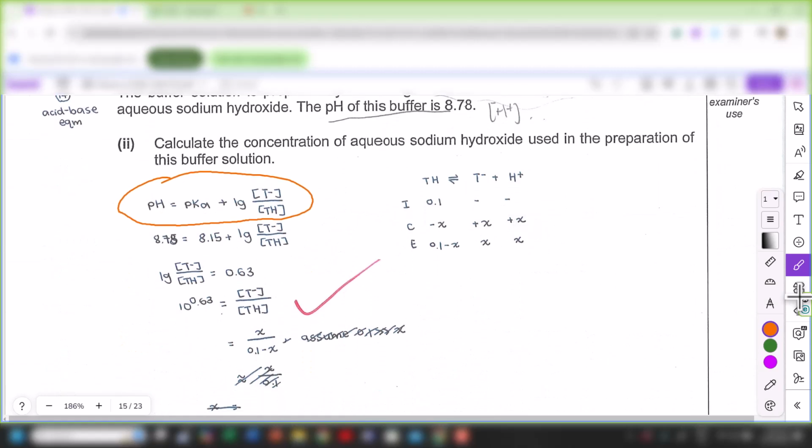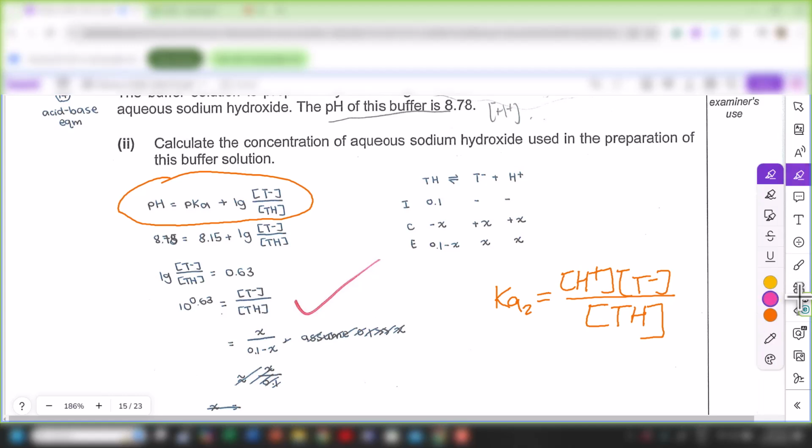So at the end of the day, this question can be simplified by saying that I am just using the Ka2 value. I'll write it out first: Ka2 equals H plus times T minus over TH.